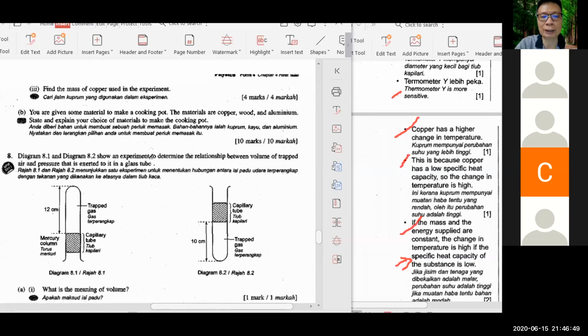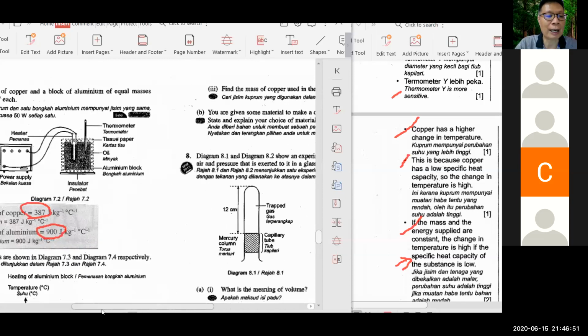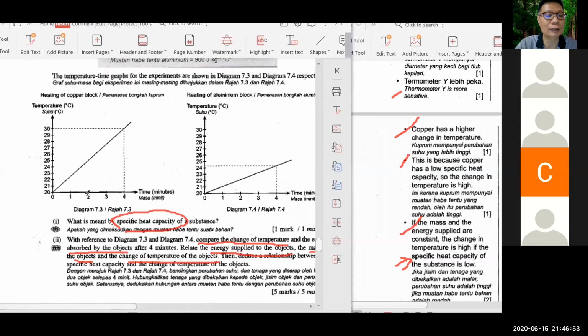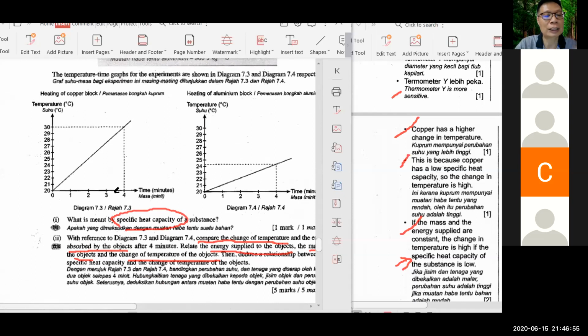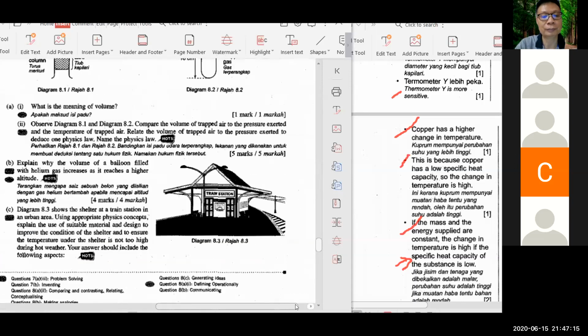Power is given in the question. Time, take from the graph. Okay, you see here, 4 minutes. Time 4 minutes, change to seconds. m c theta, okay, theta is here, the change in temperature. Theta you can take from the graph: 30 minus 20, so it's 10. Okay, all the values you have already, right? So you can calculate yourself now.